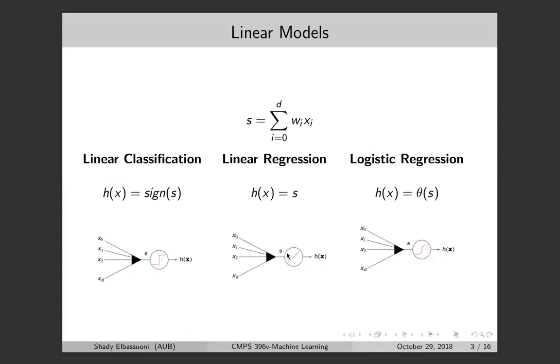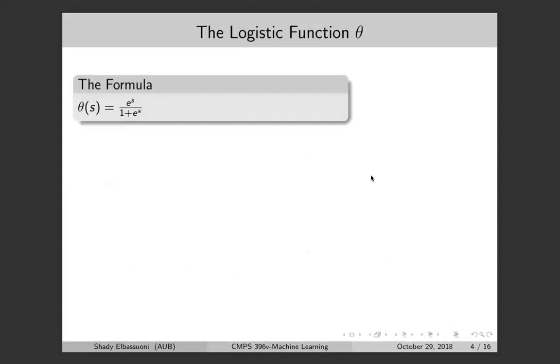So you're doing no thresholding at all. Finally, in logistic regression, it's something smooth. It's similar to the hard threshold, but it's smoother. So it's a real value, similar to the linear regression model, but it's bounded by an upper bound and a lower bound, and we'll see what these bounds are.